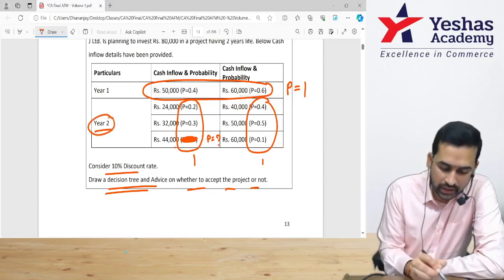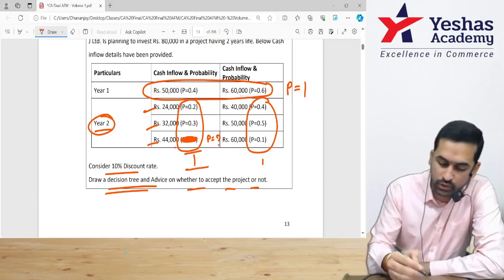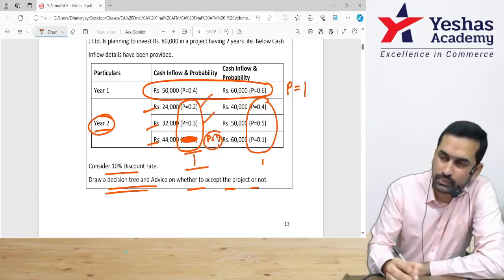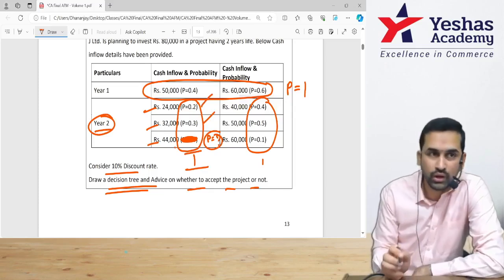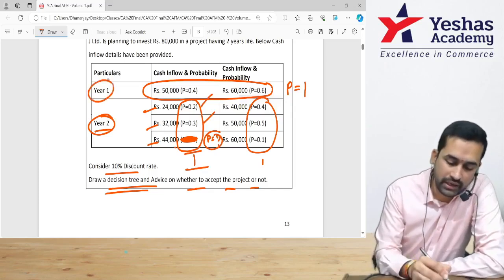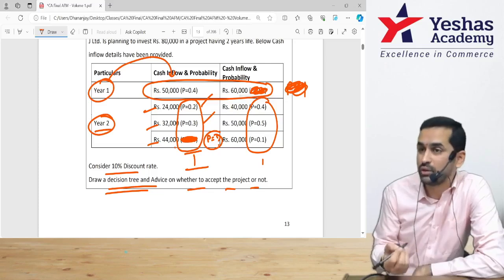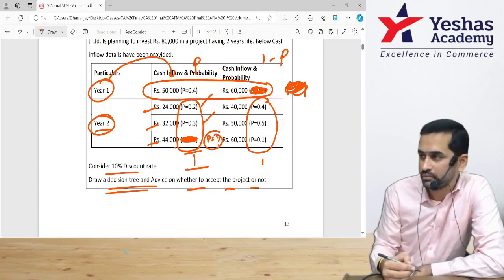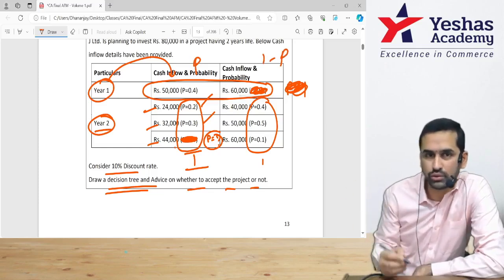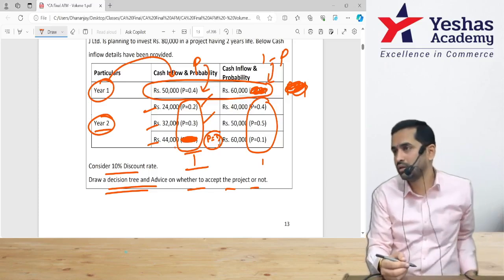Now for year 2, 3 outcomes, the total of probability should be equal to 1. If I have the first and second number, this P has to be the balancing figure. They may not print this also. Or in the first line itself, they may say in year 1 there is 40% probability of earning 50,000. There is also a chance of earning 60,000 without mentioning. If this is P, then this should be 1 minus P. Correct? Because the total of the two should be equal to 1. If this probability is 40%, then this probability should be 60%.